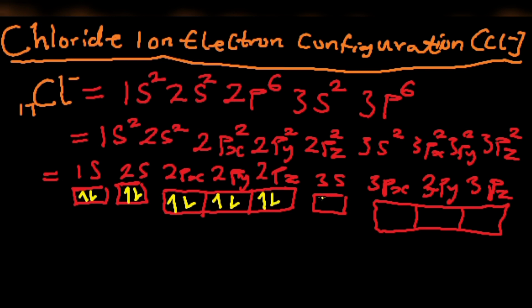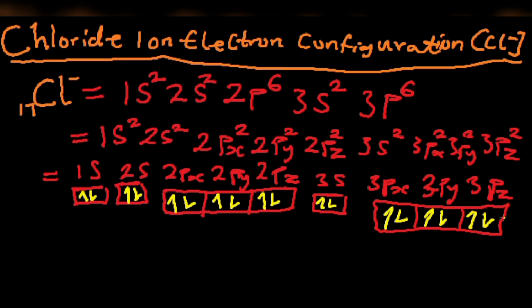Then we have spin up, spin down for the 3s. Another degenerate set: spin up, spin up, spin up. Then we pair in the opposite direction, spin down, spin down, spin down. So this is how we write the electron configuration of the chloride ion.